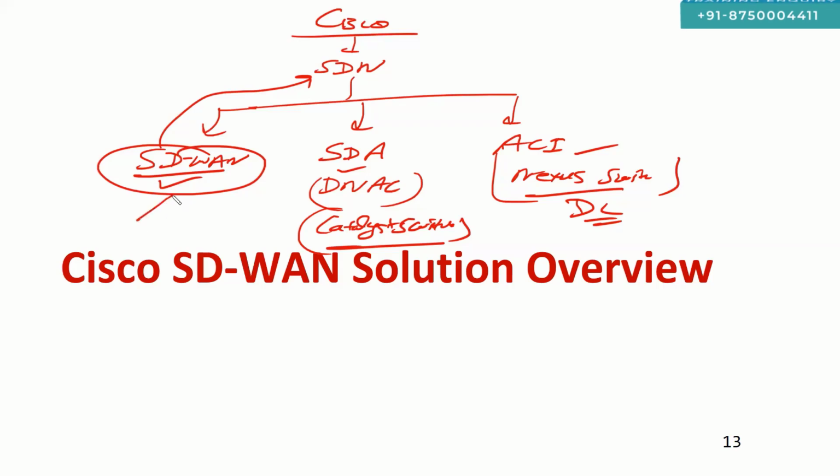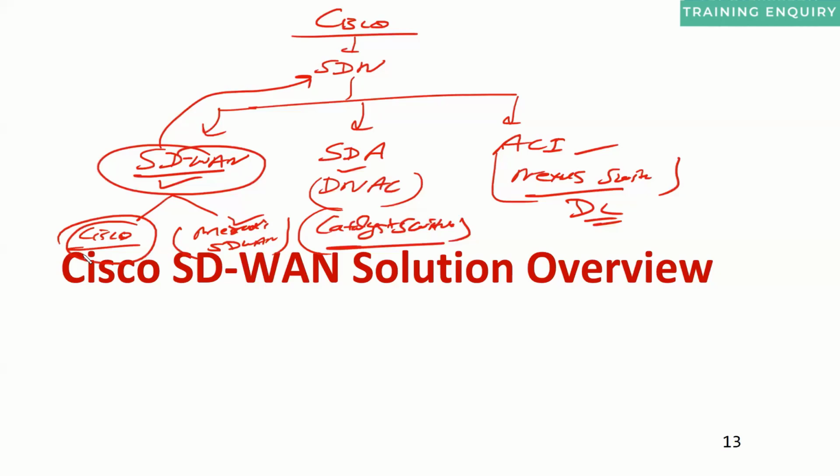Now within SD-WAN, Cisco has two solutions. One is Cisco SD-WAN, the Catalyst SD-WAN. That is what we are going to learn. The other one is Meraki SD-WAN. Now remember, we are not covering Meraki SD-WAN during this training. We are only covering Catalyst SD-WAN or Cisco SD-WAN or Viptela SD-WAN, I would say. You can call it Viptela SD-WAN, Cisco SD-WAN, or Catalyst SD-WAN.